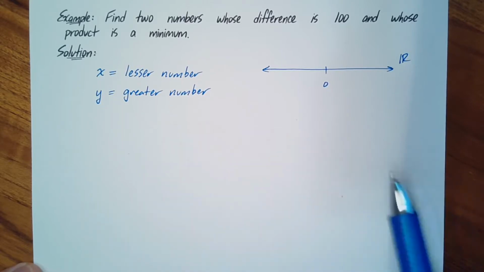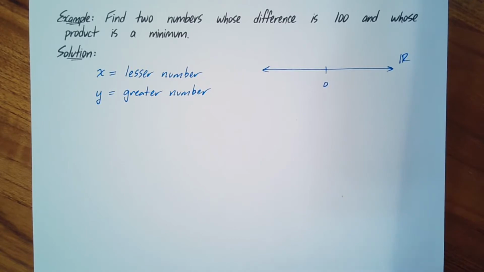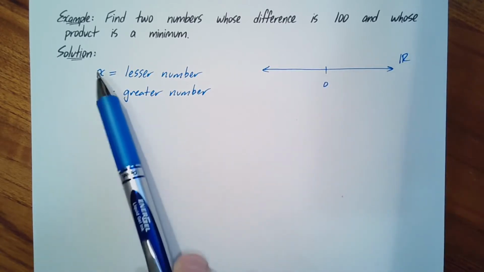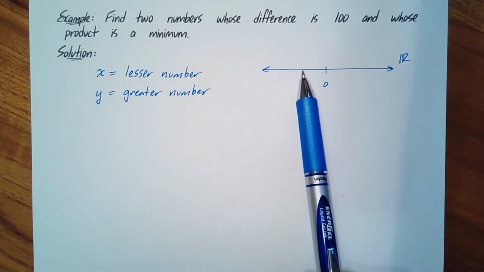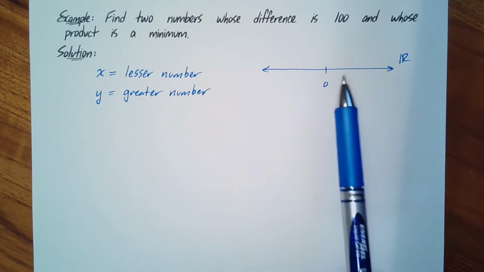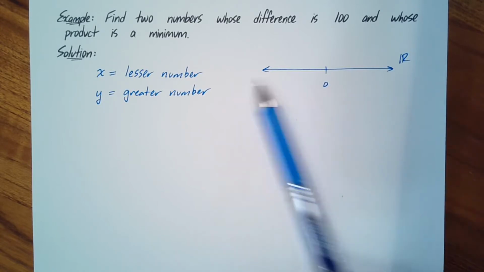So for example, there's not going to be only two products that you can achieve, there's lots of different possibilities, but if you consider just two products, for example, say you computed the product of x and y in one case and you get -10, and then you do it again in another case and you get +1. Well, then -10 is the minimum in that case because it's further to the left on the number line.